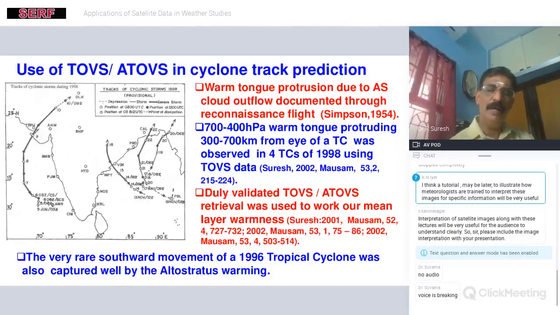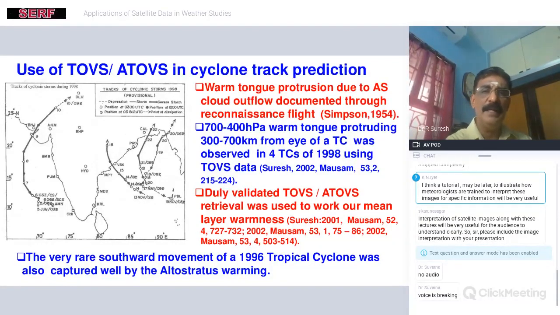In the operational setup, the HRPT ground receiving station and processing station was installed in Chennai in southern peninsular India. It was in vogue right from 1996. In 1998, there were as many as 4 storms, and all 4 storms have been analyzed.